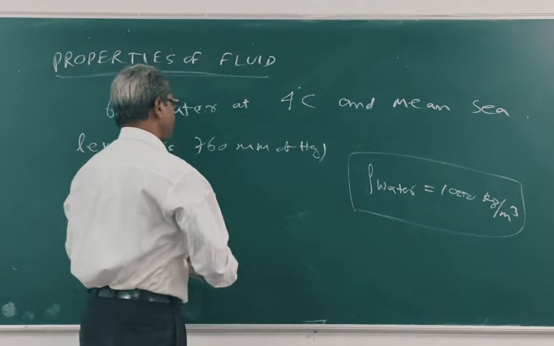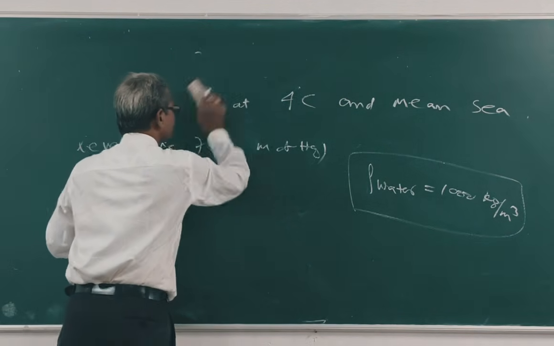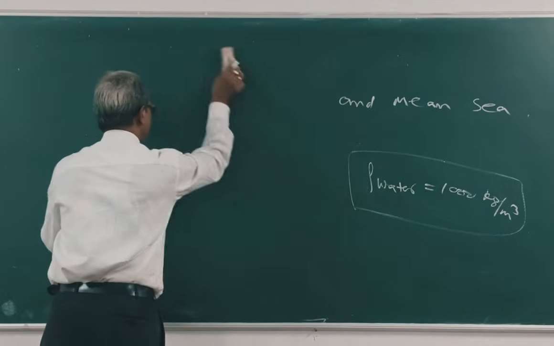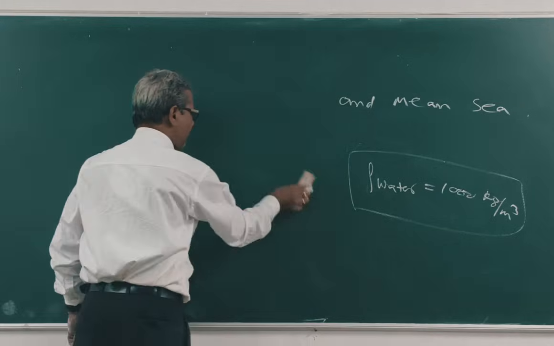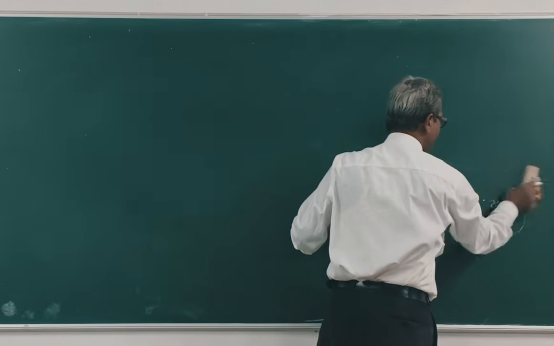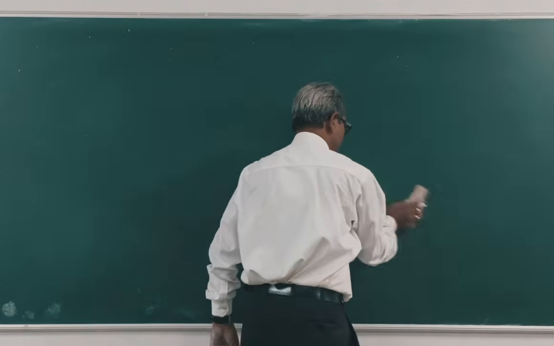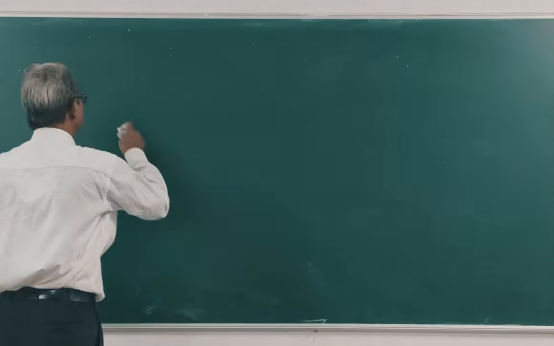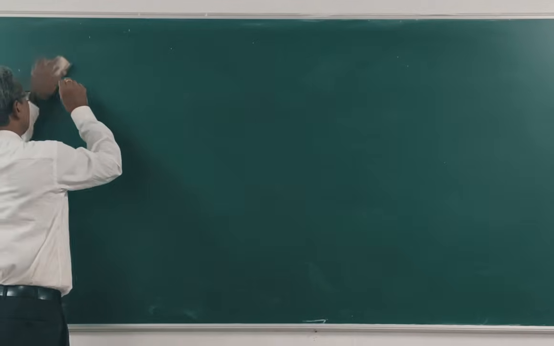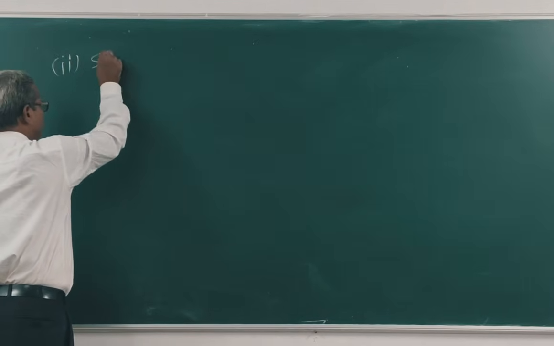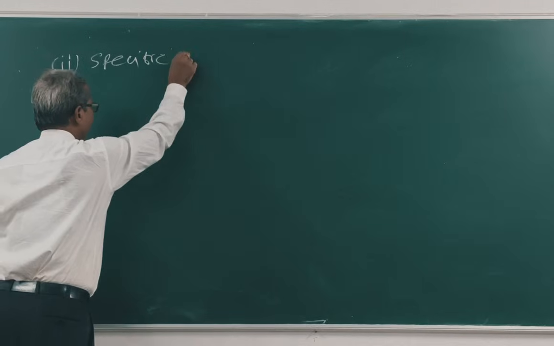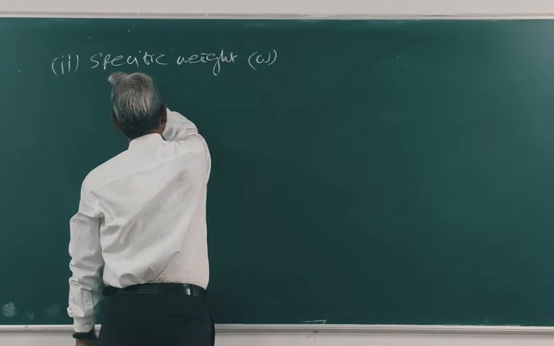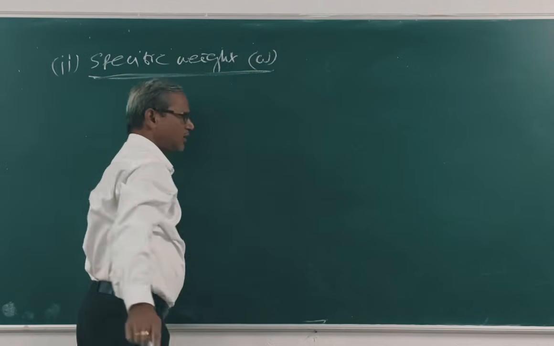Now, number 2, this is fluid property number 1. Number 2, specific weight, small w, weight per unit volume.